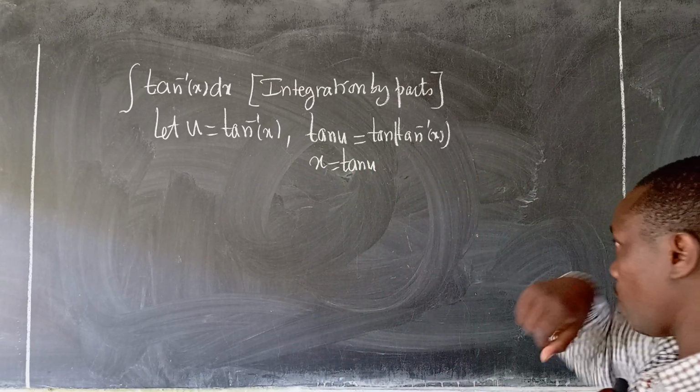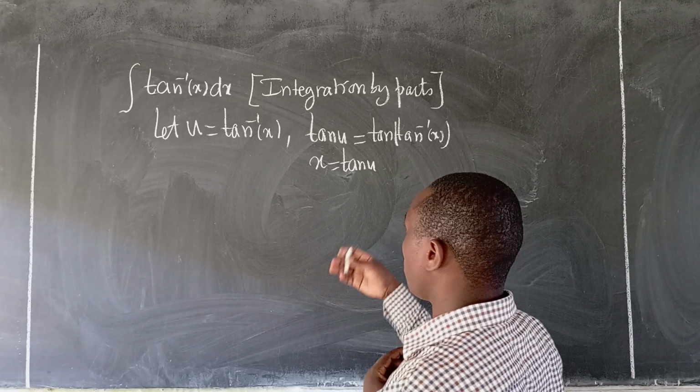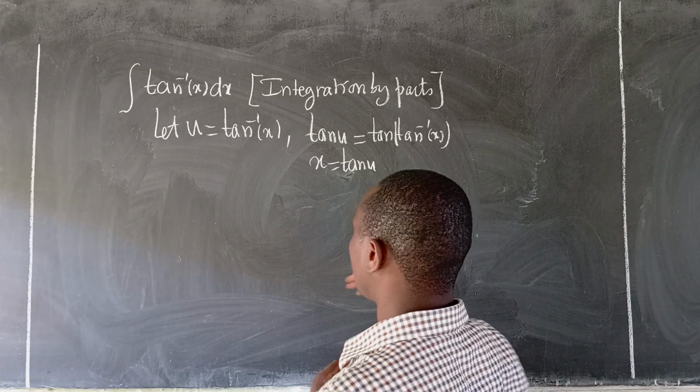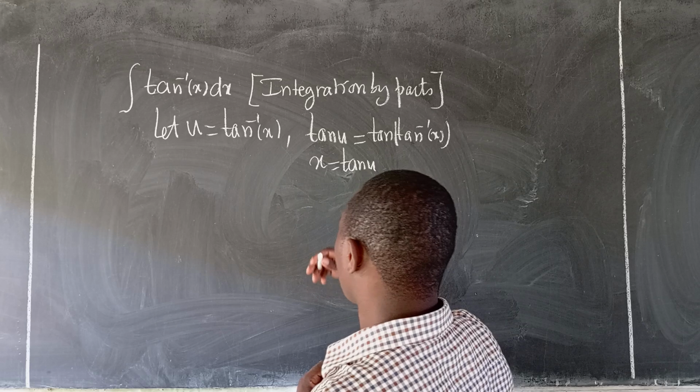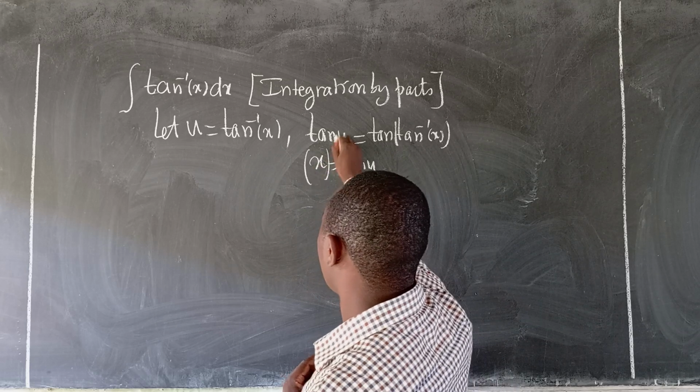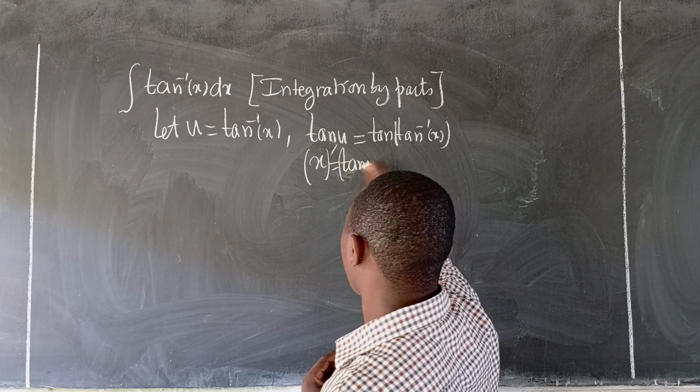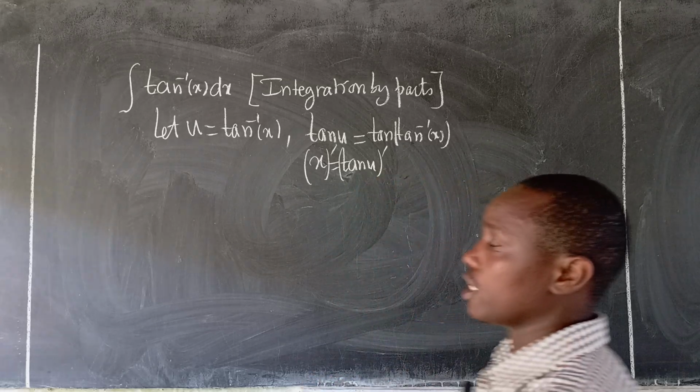What is done here? We differentiate both sides so that the derivative of one side is the same as the derivative of the other.